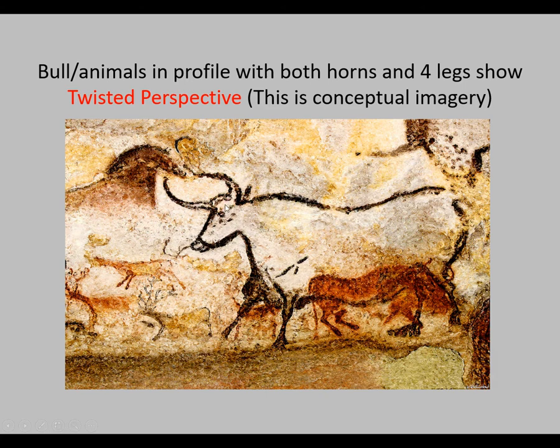And even though their bodies are sideways, instead of the horns overlapping this way, they twist the head so that you can see two horns. And we call this a twisted perspective. And this is a conceptual imagery. If you want to think about it as logic, a bull has two horns and four legs. Why would I paint two legs? That doesn't make any sense. You can think of it that way.